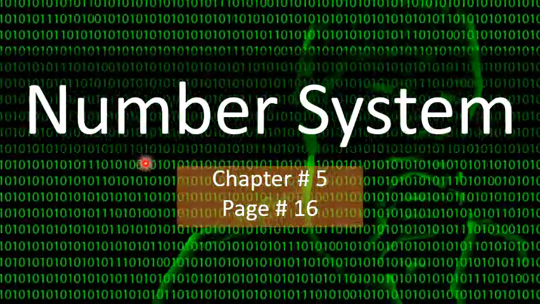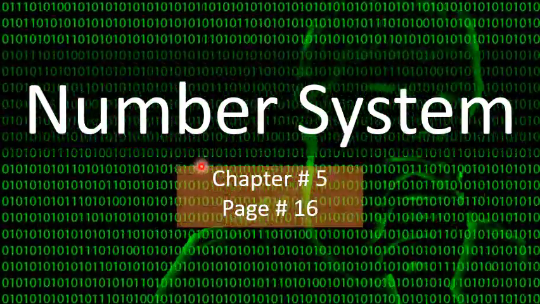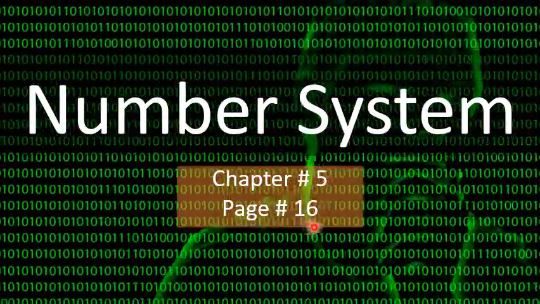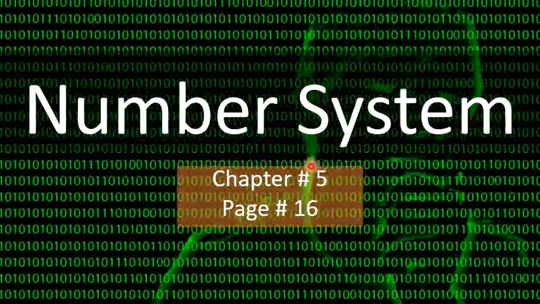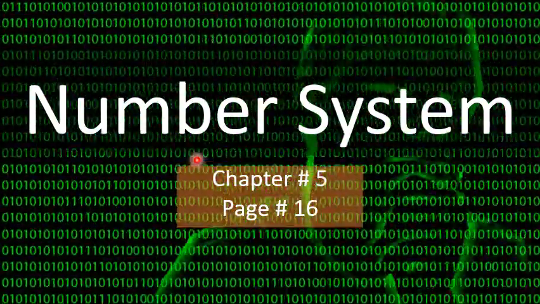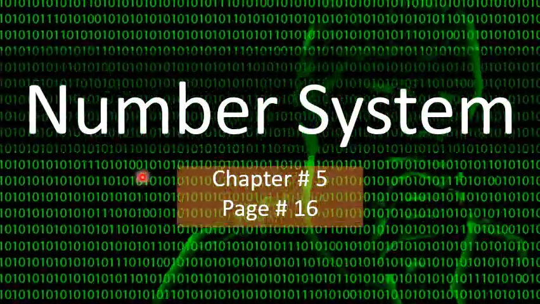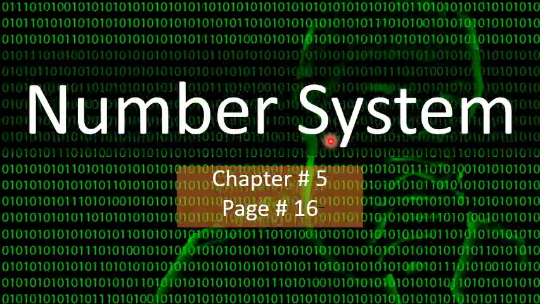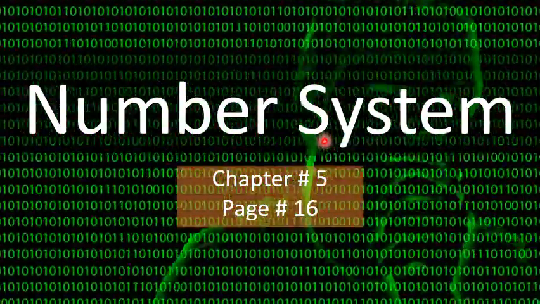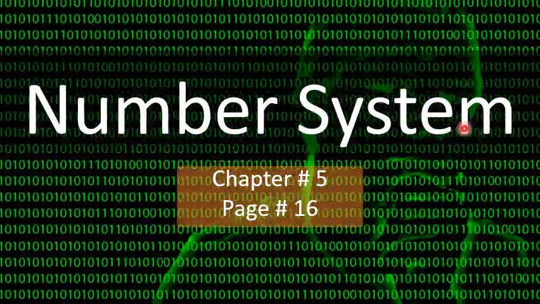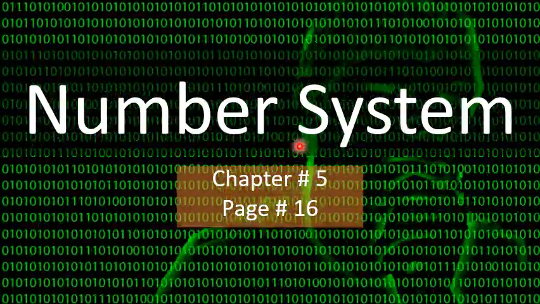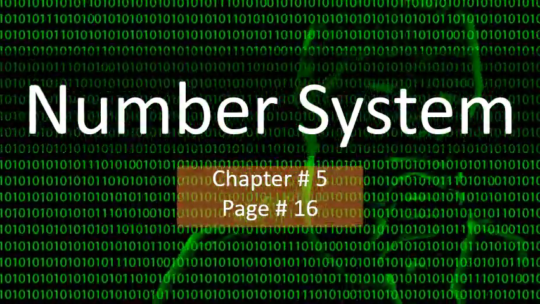The name of the chapter is number system and it is on page number 16 and this is your chapter number 5. You must have heard the number system in your maths class. Why we are discussing it in computer and what kind of information we are going to have from this chapter. So let's begin.